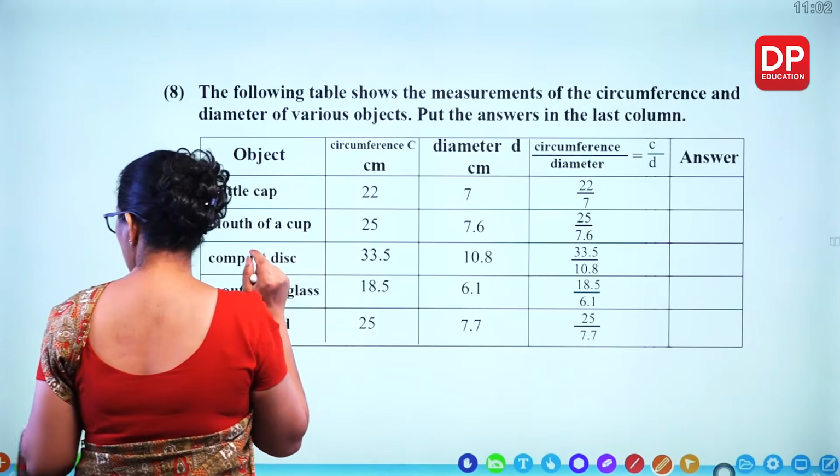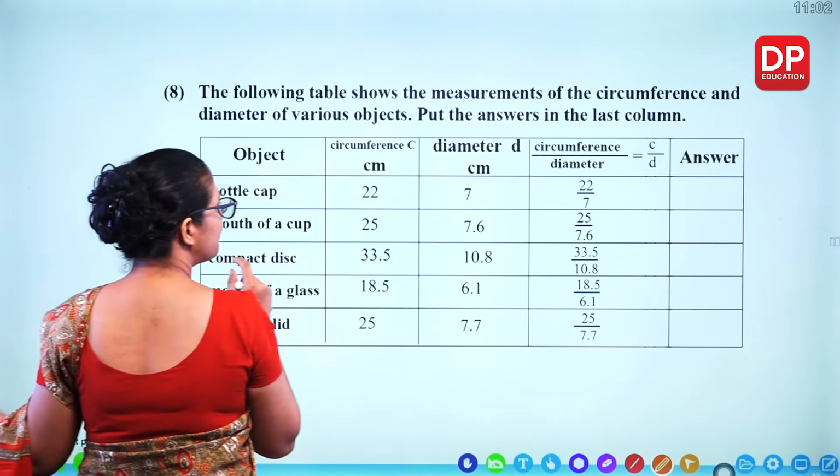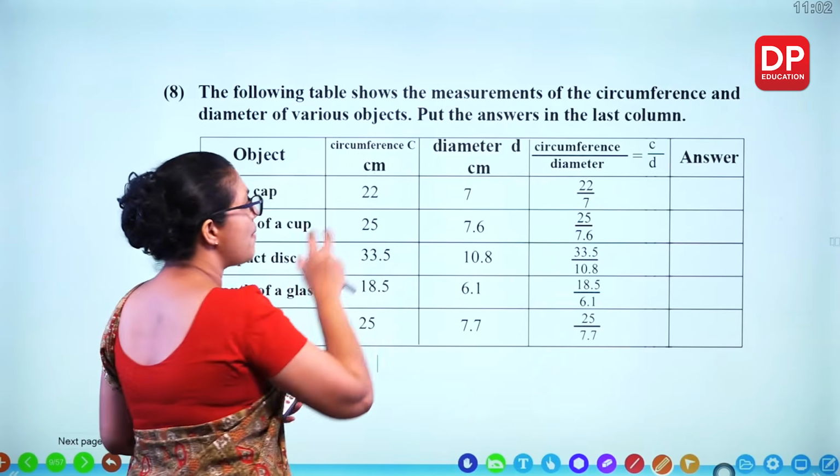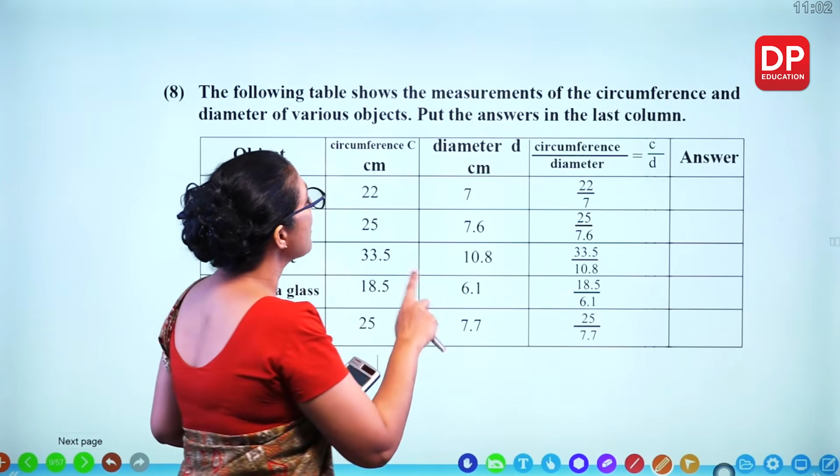So, you know how to use the calculator. We'll calculate circumference divided by the diameter.